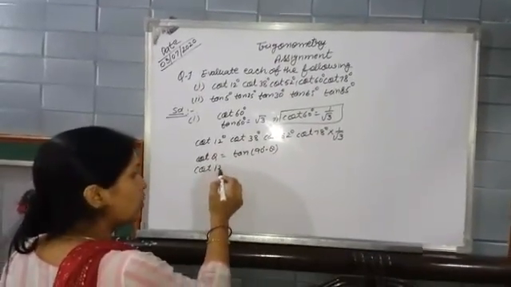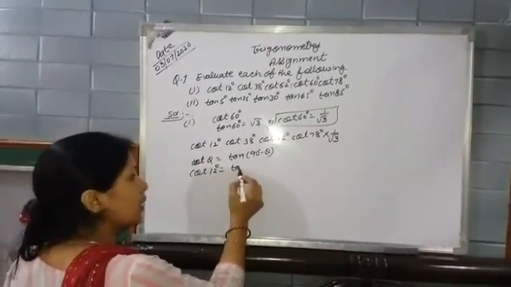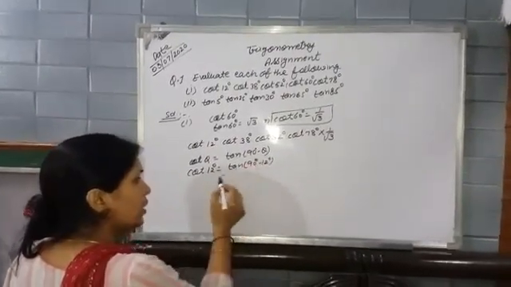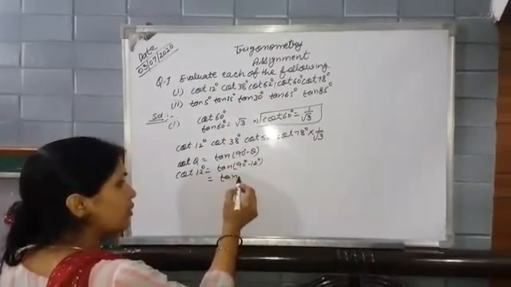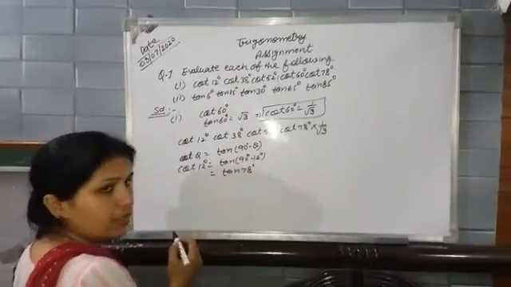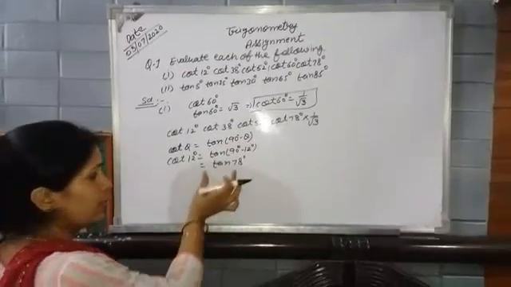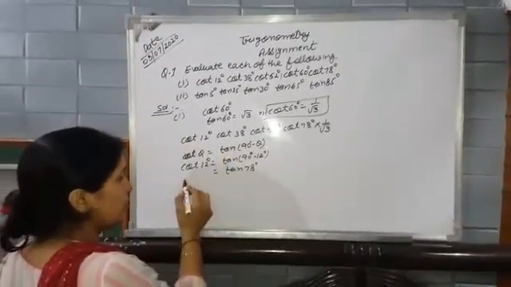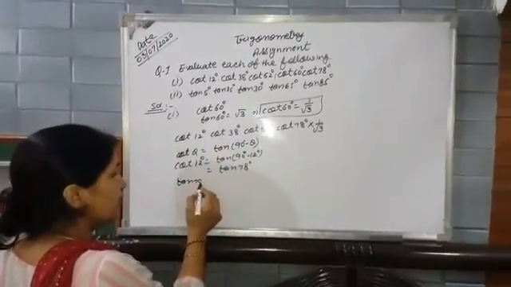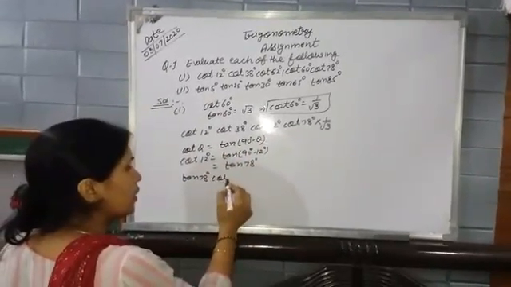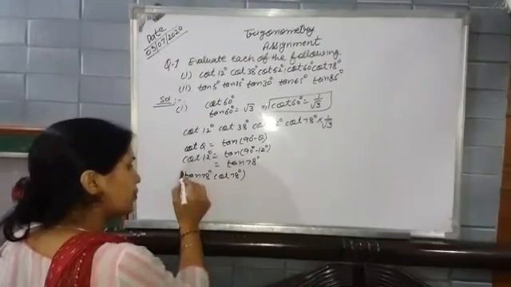So this cot 12 degree can be written using 90 minus 12 degree, and 90 minus 12 is equal to 78 degree. It means cot 12 degree is equal to tangent 78 degree.